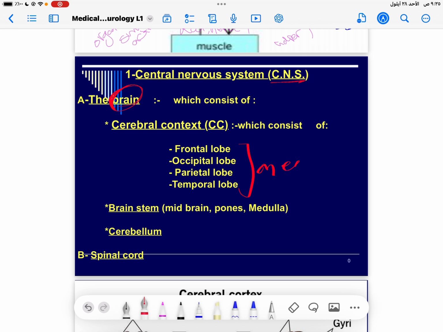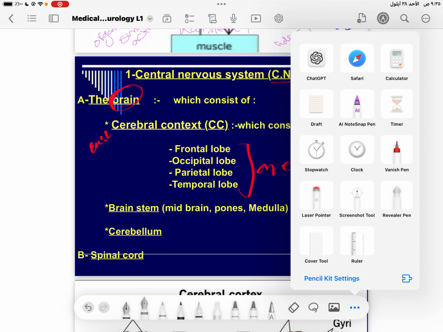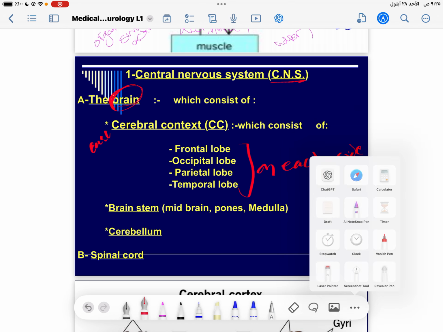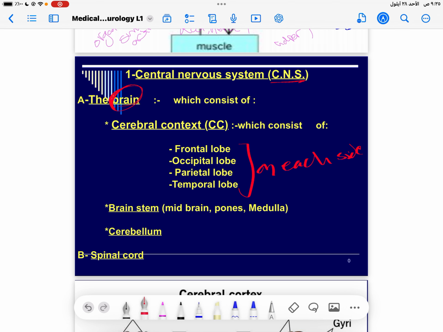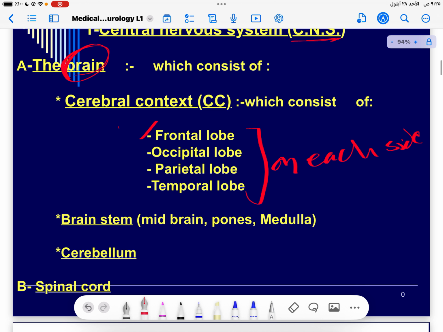Each lobe has a special function, and disorders at any area of these lobes will give us a special syndrome. We'll see later on. Anteriorly we have the frontal, posteriorly the occipital, then we have the parietal and temporal.